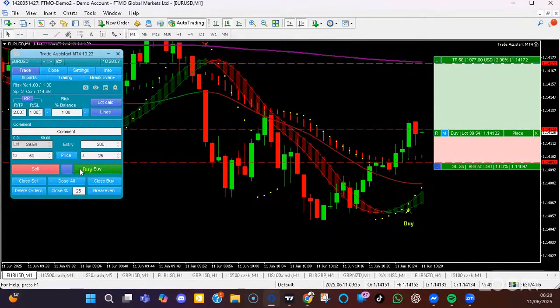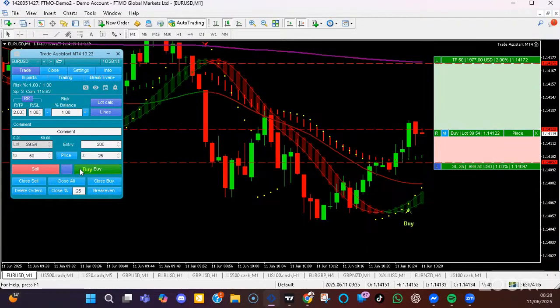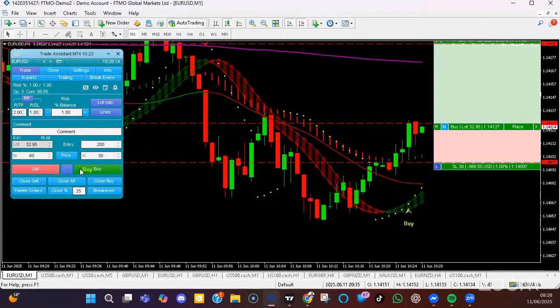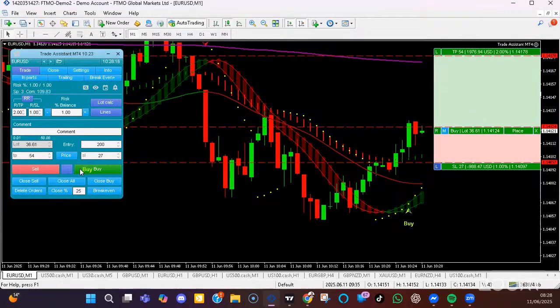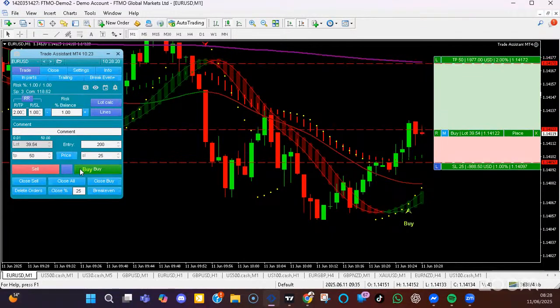Lock my stop loss in, as you can see. Yeah, I'm going to wait for the price to get a little bit higher.